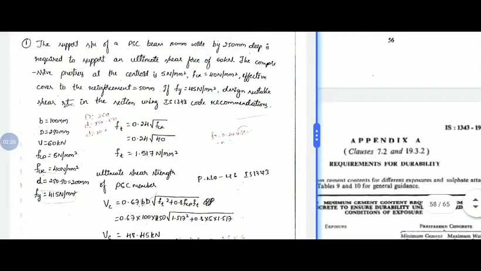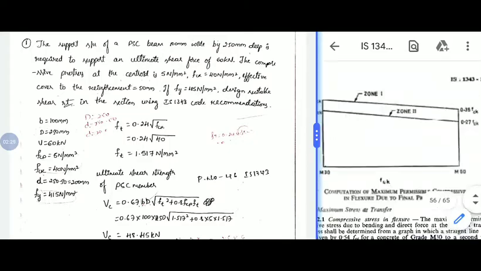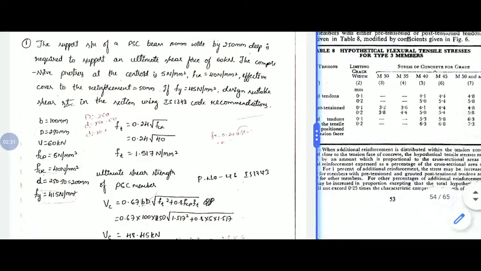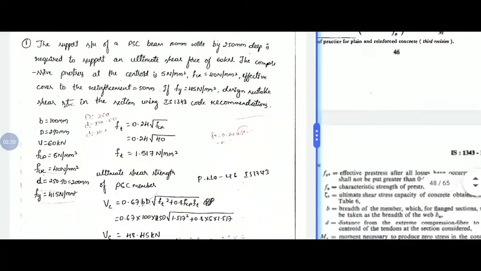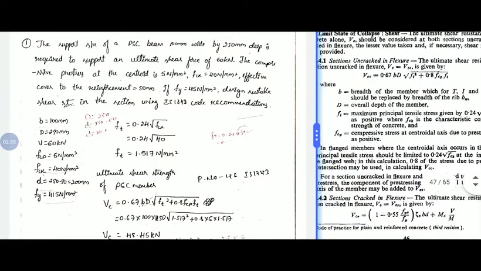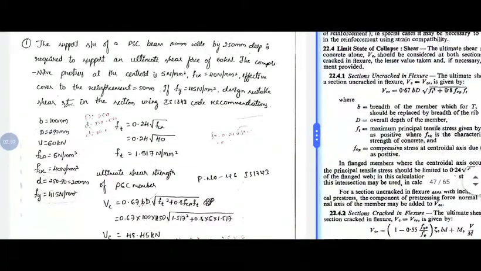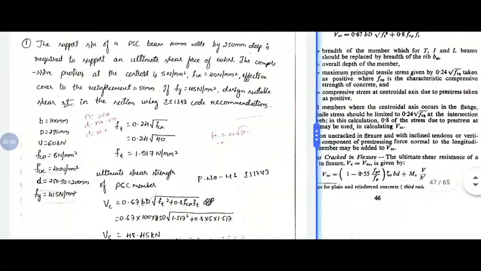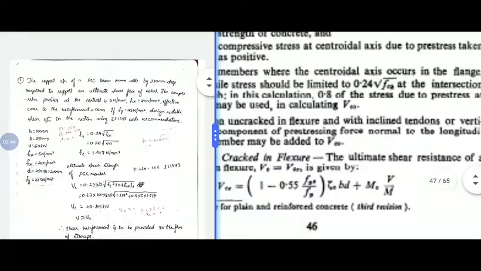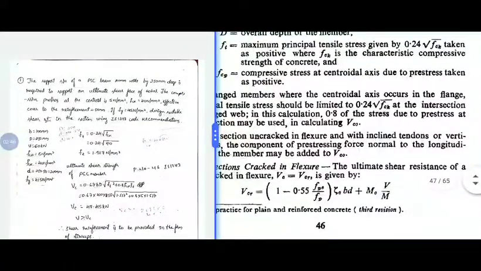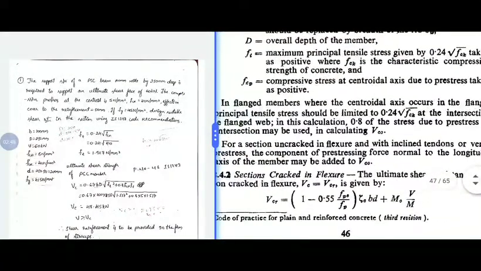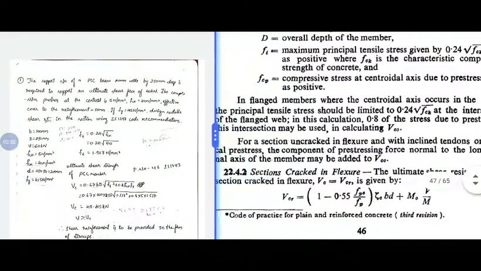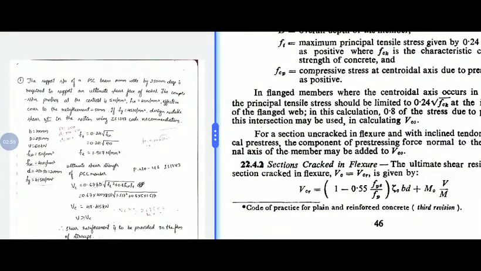Principal tensile stress in concrete, in the code book page number 46, clause 22.4.1: in flanged members where the centroidal axis occurs in the flange, the principal tensile stress should be limited to 0.24 root FCK at the intersection of the flange and web.